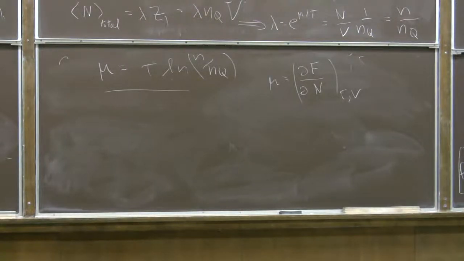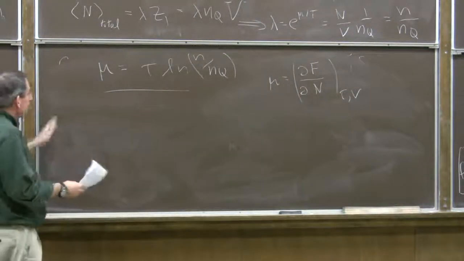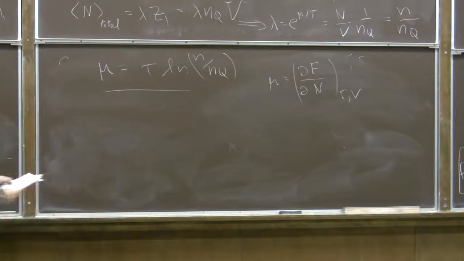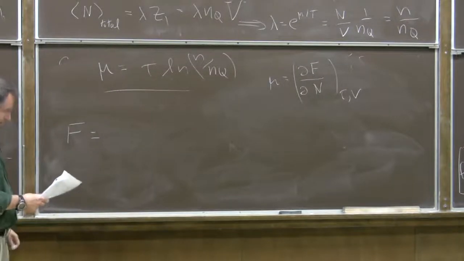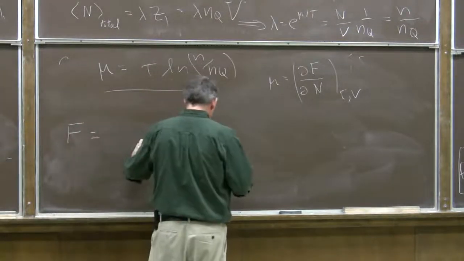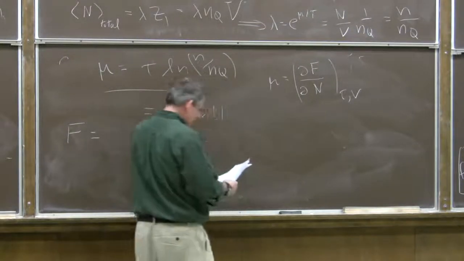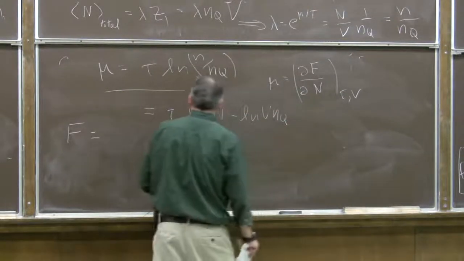Now, if I wanted to go from here to get the free energy, I could just integrate the chemical potential. That would be one way of doing it. So if this expression is the derivative of the free energy with respect to particle number, I can just integrate that to find the free energy. Maybe I should write it as, just to make sure it's clear, tau times natural log of number of particles minus log of volume times quantum concentration.